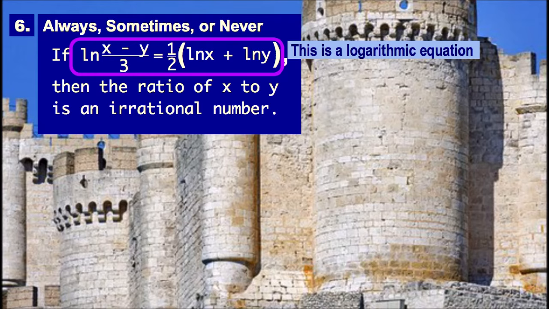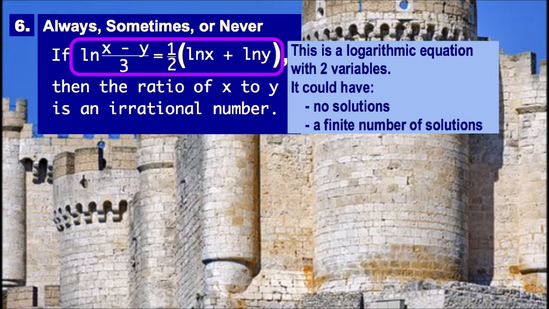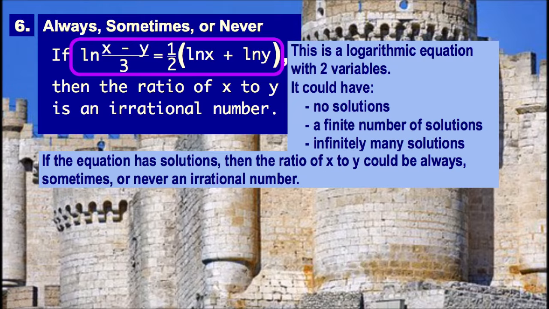So the equation we have here is a logarithmic equation with two variables. It could have no solutions, a finite number of solutions, or infinitely many solutions. If the equation has solutions, then the ratio of x to y could be always, sometimes, or never an irrational number.